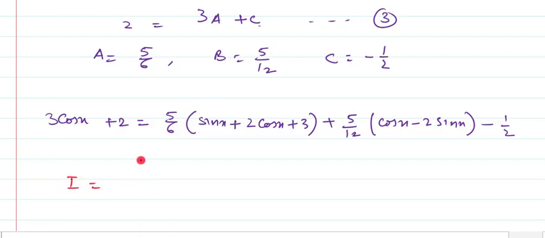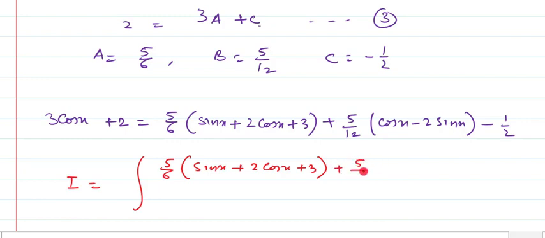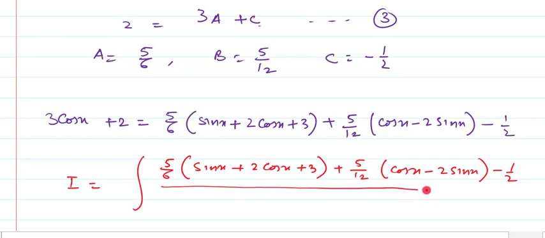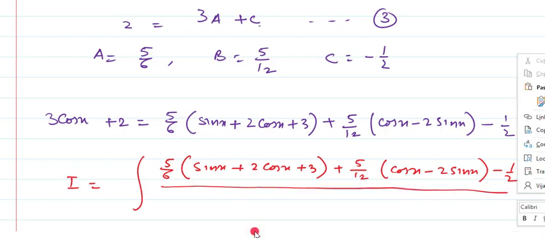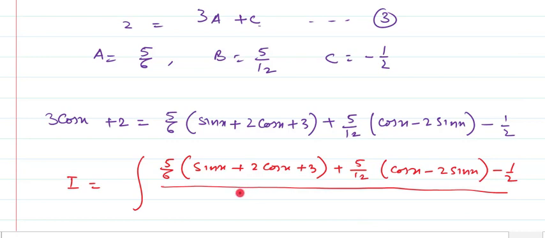I is equal to integration of, let us change numerator into these three terms. So it is 5 upon 6 into sin x plus 2 cos x plus 3, plus 5 upon 12 into cos x minus 2 sin x, minus 1 upon 2, and no change in the denominator, it will remain as it is, sin x plus 2 cos x plus 3 dx.